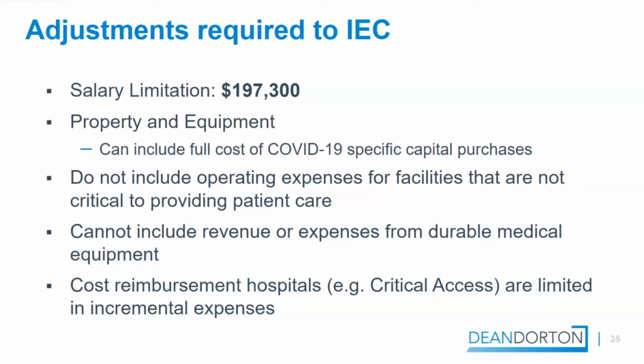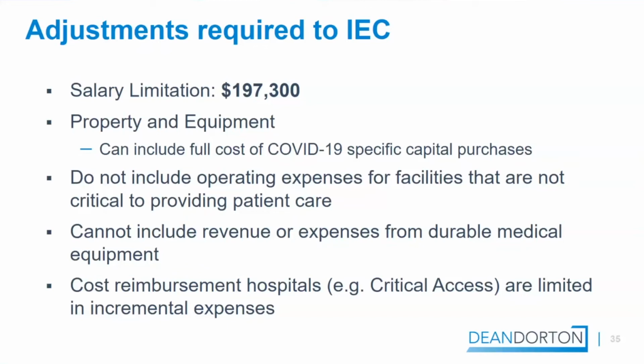Property and expense calculations. So originally, in the original FAQs, you could only take into account depreciation on COVID-19 specific capital purchases, but they've, within the last few months, clarified that if you bought COVID-19 specific capital purchases, and I've got a list of those on the next page, you can include the full cost of those in your incremental expenses, not just the depreciation.